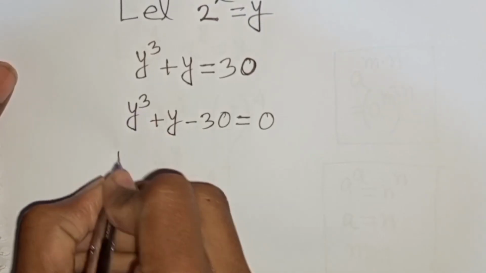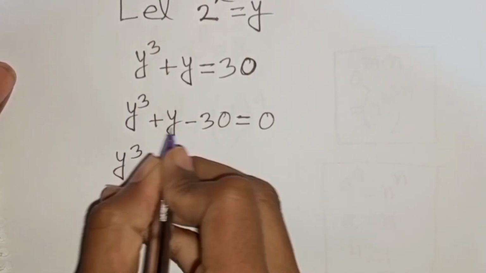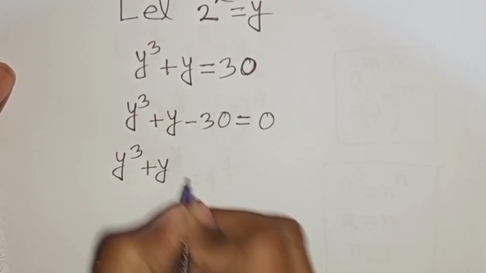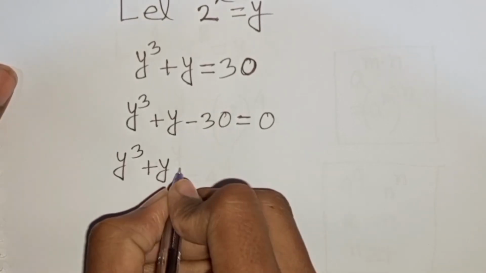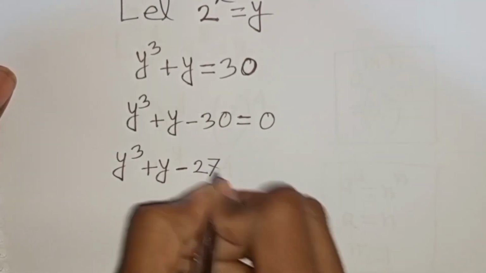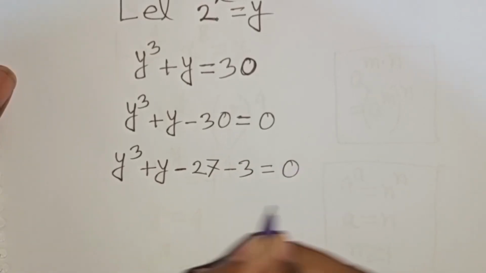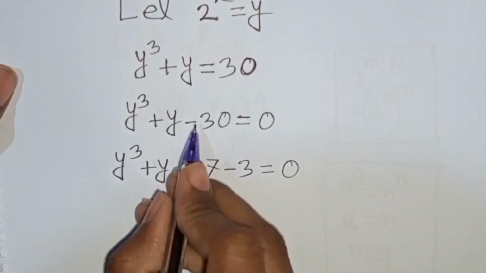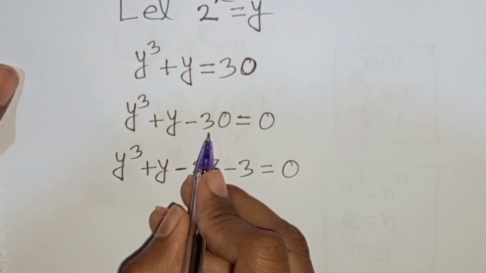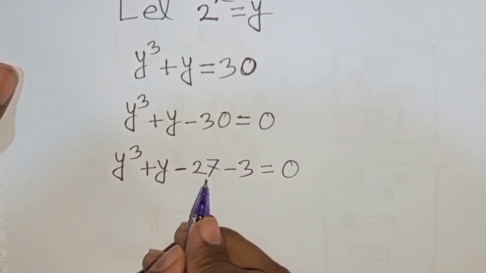Now we have y^3 + y, then minus 30 can be written as minus 27 minus 3, is equal to 0. How to understand this? Pay attention here, the nearest cubic number of 30 is 27.